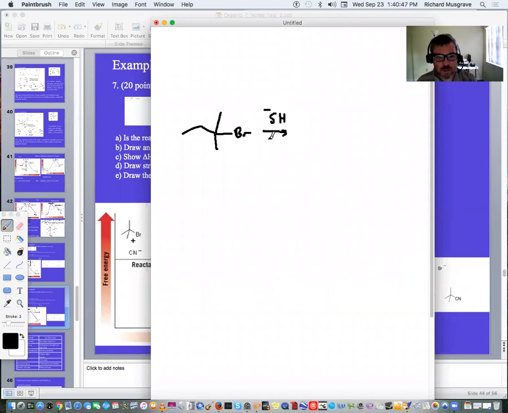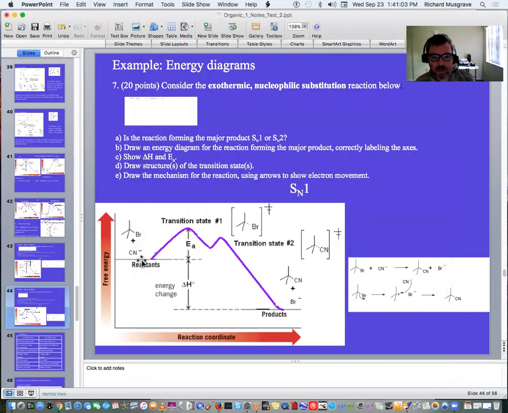And I think it's CN minus, it's CN minus. Okay, so CN minus. Now, often it's represented with the negative on the N, but really the negative's on the C.